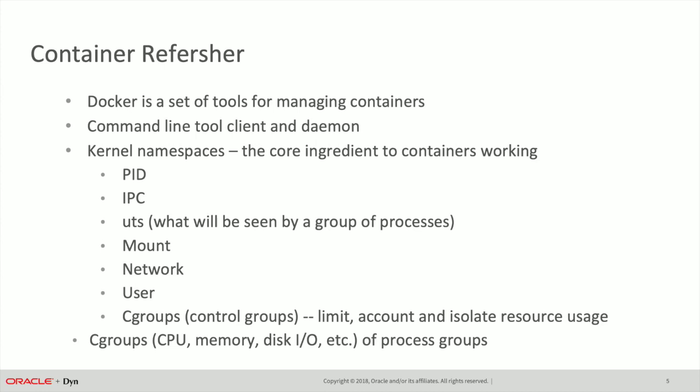There were containers for Solaris for the longest time, and BSD jails. And what has happened recently, since Docker has come about, is Docker made it much easier to use them than before. They have this whole package where you can interact with the container and utilize it. You can specify what kind of networking you want it to have, what kind of volume mounts you want it to have, and it's essentially brought containers to the masses.